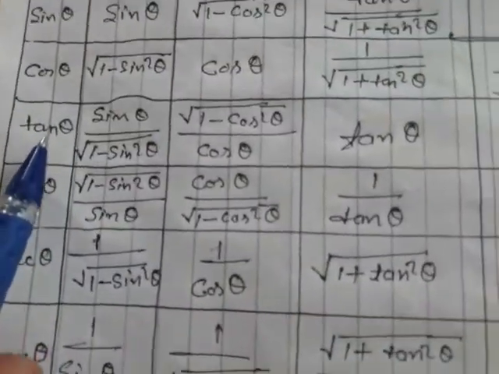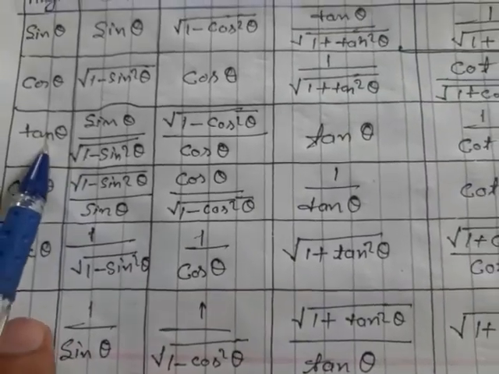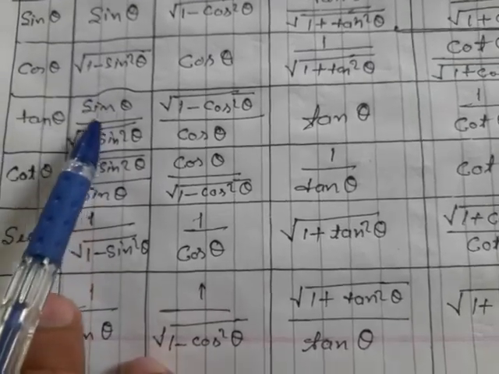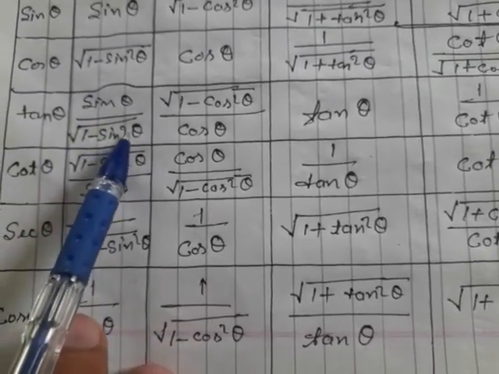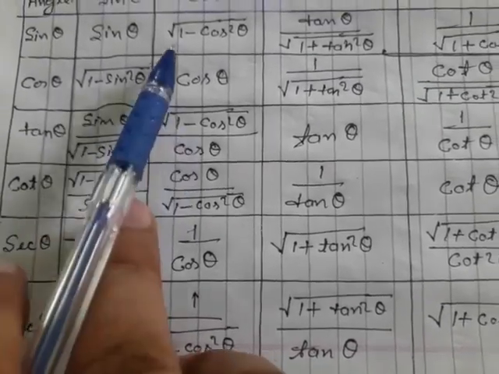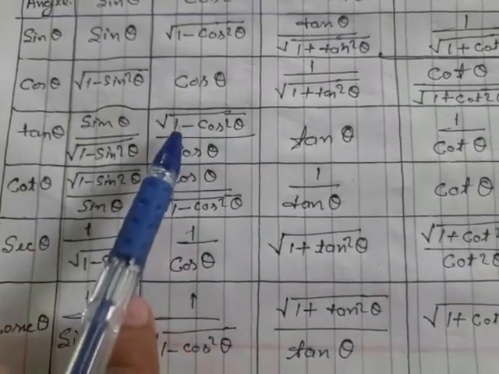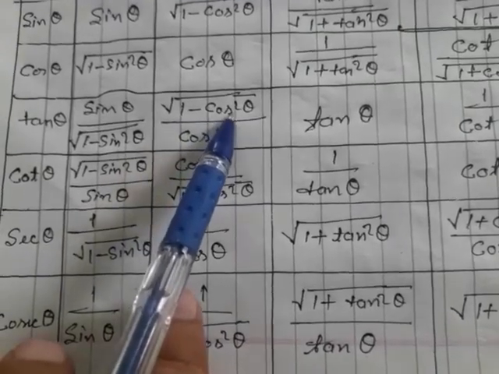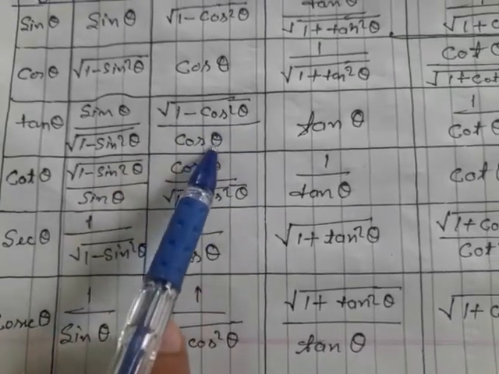Similarly, now we discuss tan theta. Tan theta in the form of sin theta: sin theta upon under root 1 minus sin square theta. In the form of cos theta: under root 1 minus cos square theta upon cos theta.